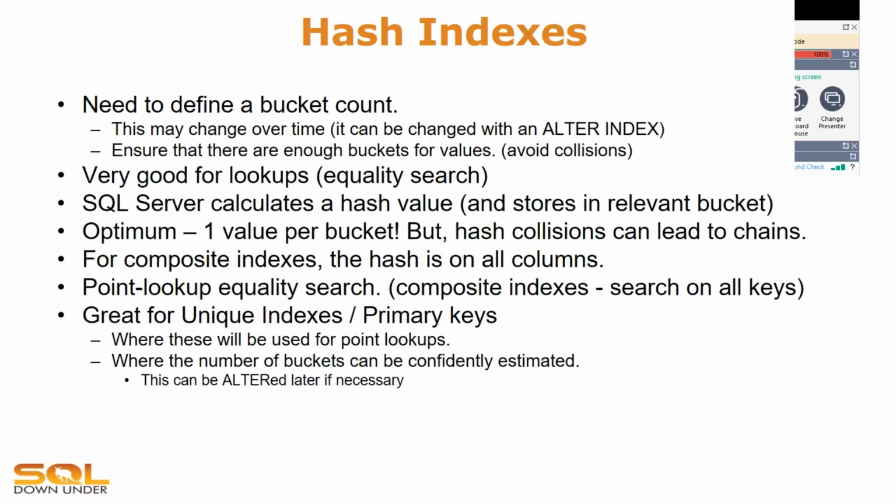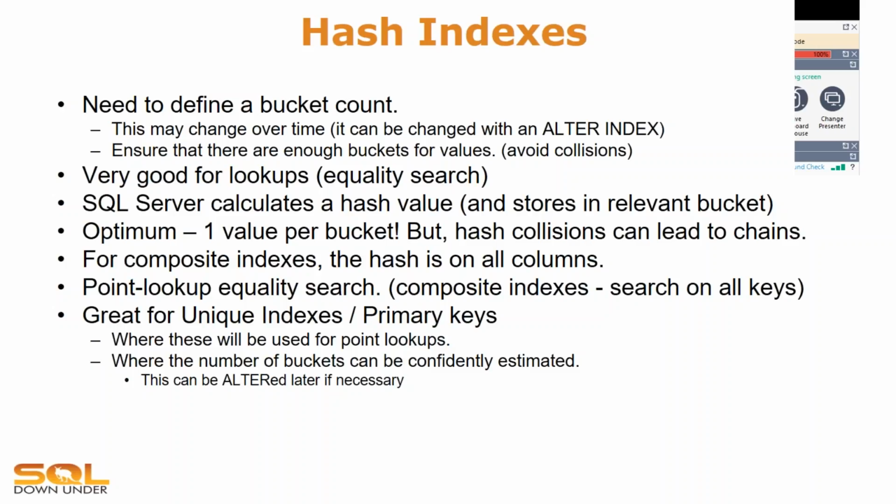For composite indexes, the hash is calculated on the entire index, on all the columns. So say, for example, we have an index on first name and last name. If we're going to look up on those values, we actually need to look up on first name and last name. Simply looking up first name is going to be of absolutely no use to us whatsoever.